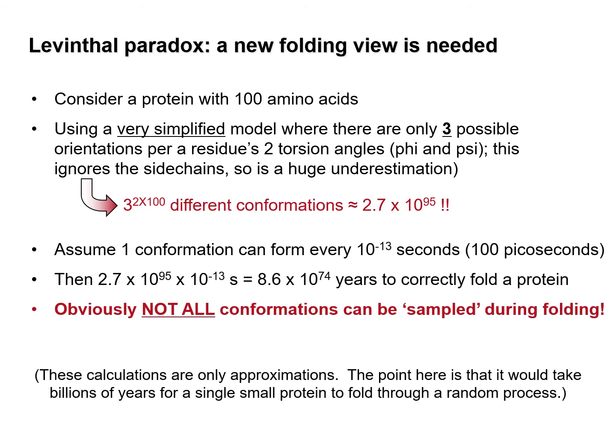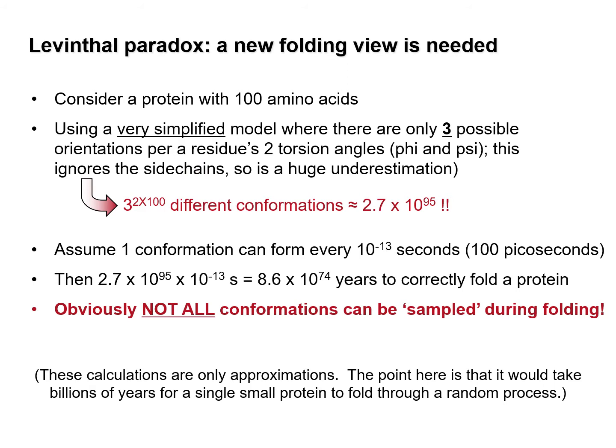So let's consider a protein with 100 amino acids, and let's use a very simplified model where there are only 3 possible orientations per residue, with 2 torsion angles, phi and psi. This still ignores the side chains, which can generate many more possible conformations.